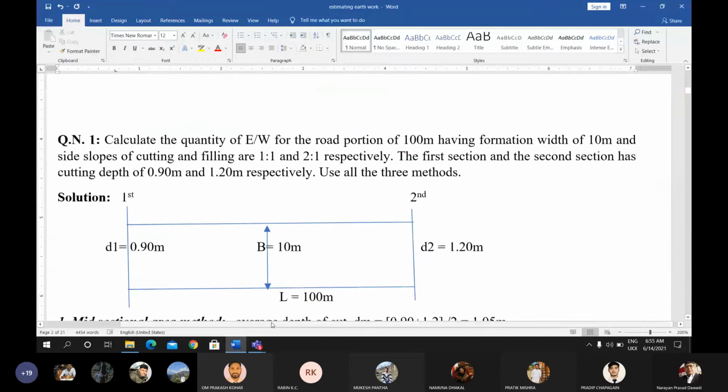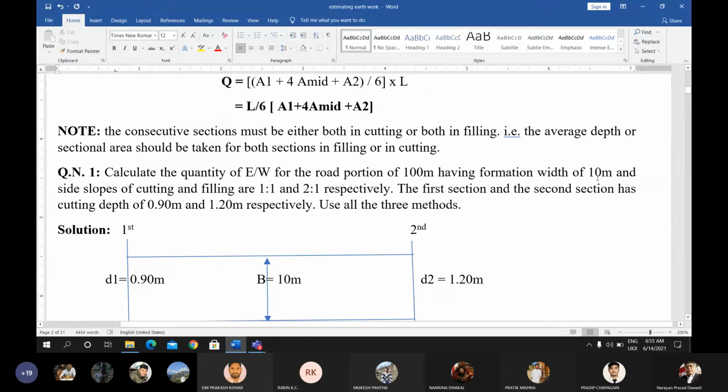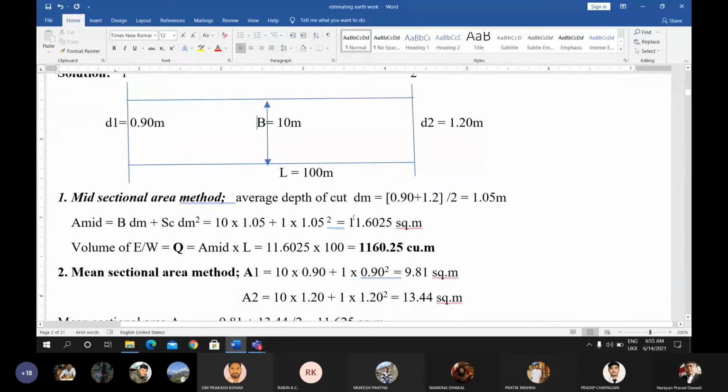B is the formation width, 10 meter. So 10 into 1.05 plus 1 into 1.05 square gives the mid section area of 11.6025 square meter.